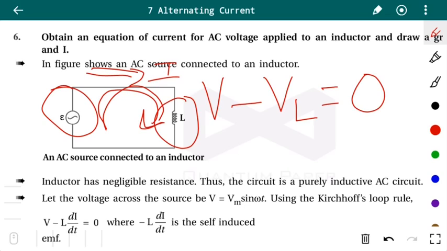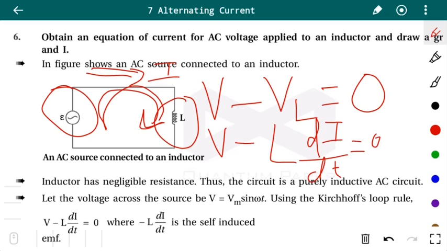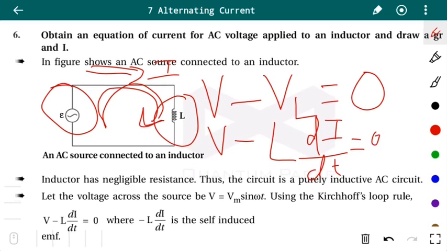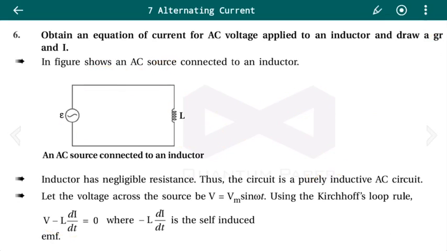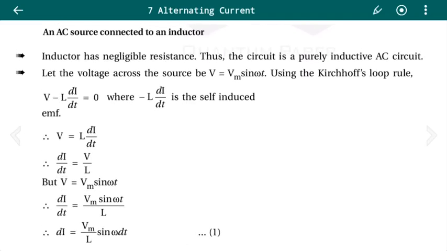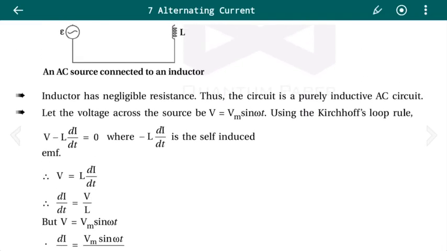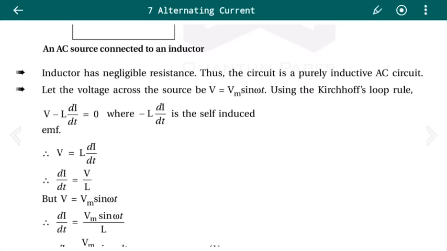The voltage developed across the inductor, VL, is equal to L di by dt. So the equation can be rewritten as V minus L di upon dt equals 0, where minus L di by dt is the self-induced EMF.